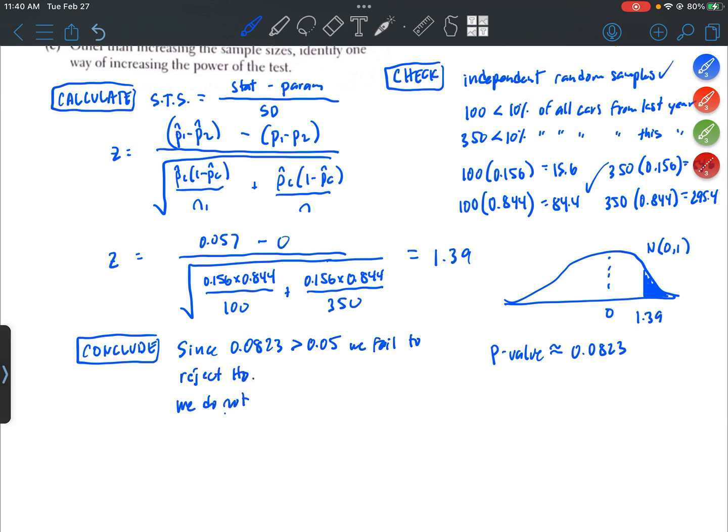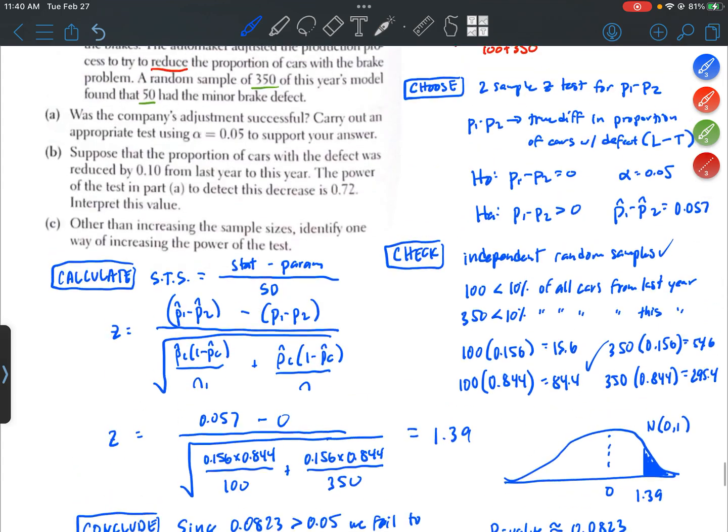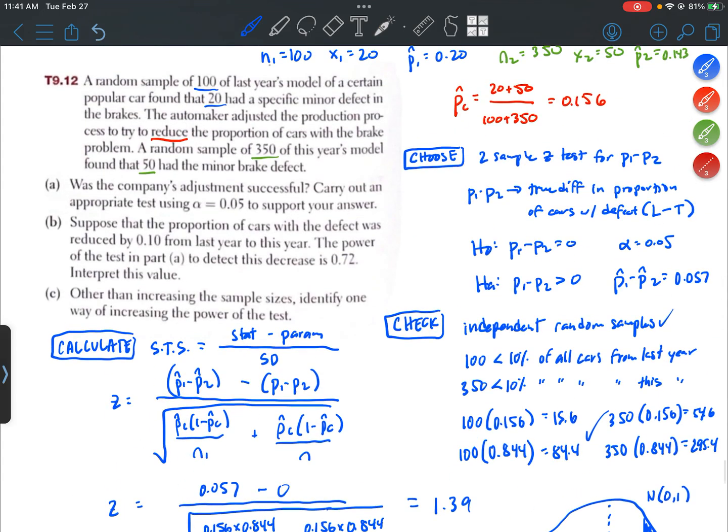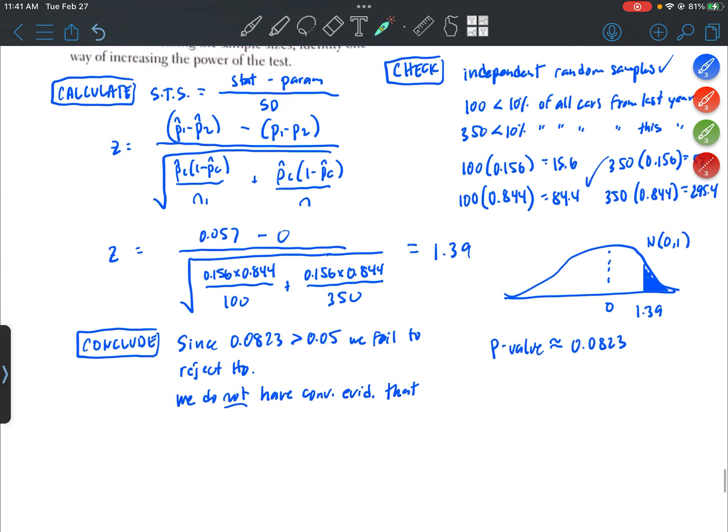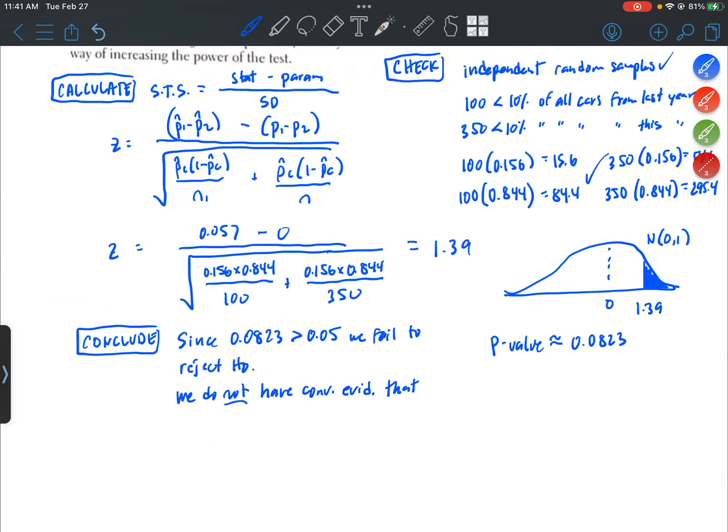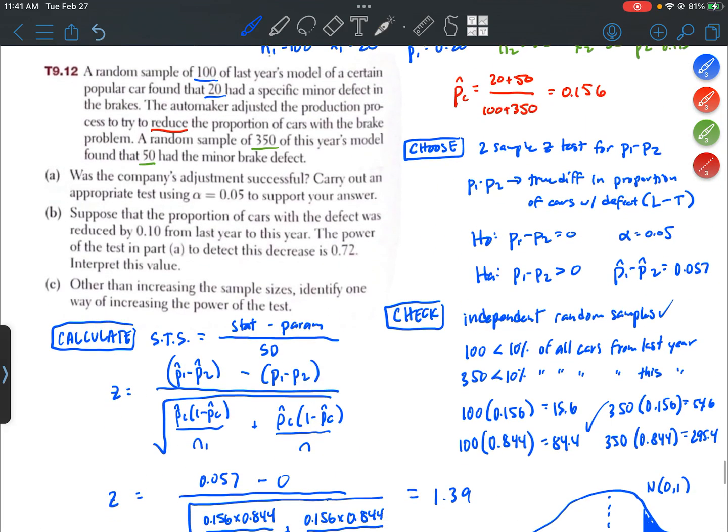We do not have convincing evidence that the company's adjustment was successful. All right, so all of that was part A.